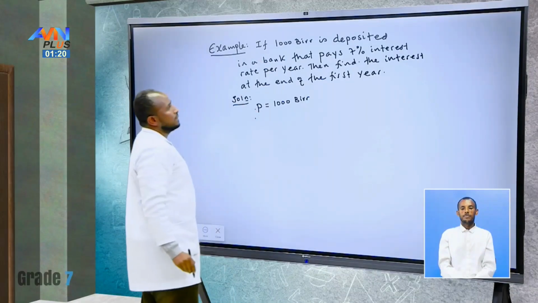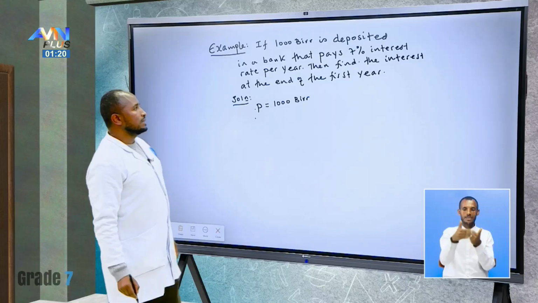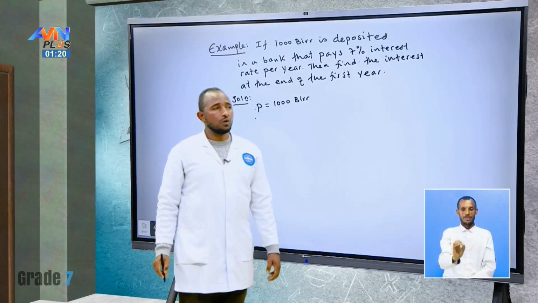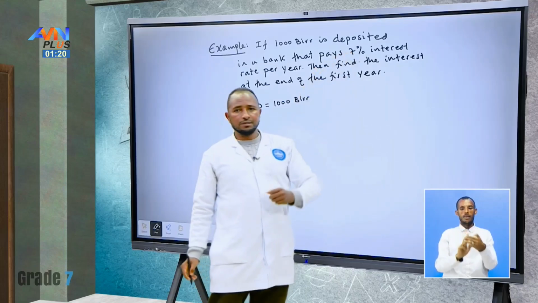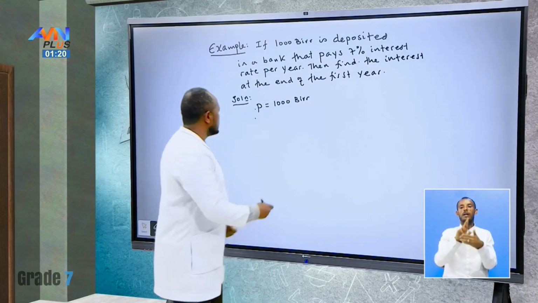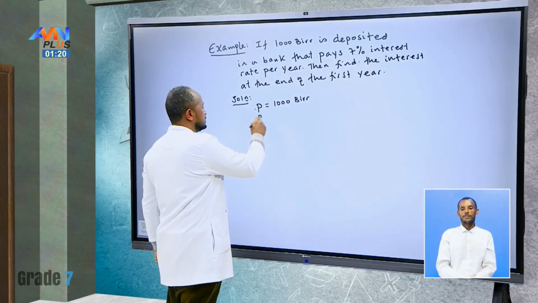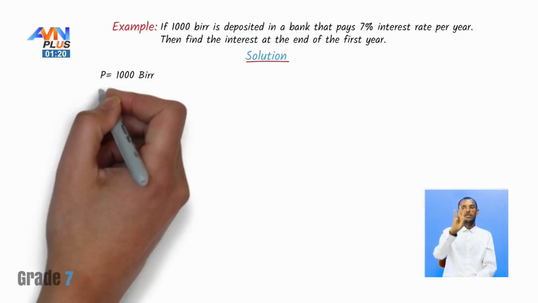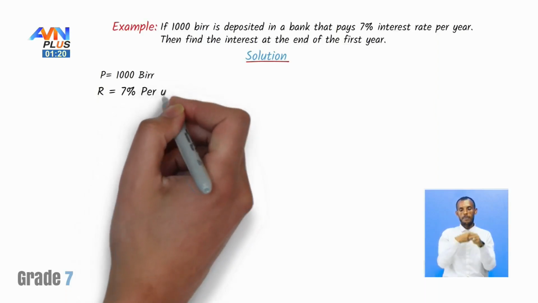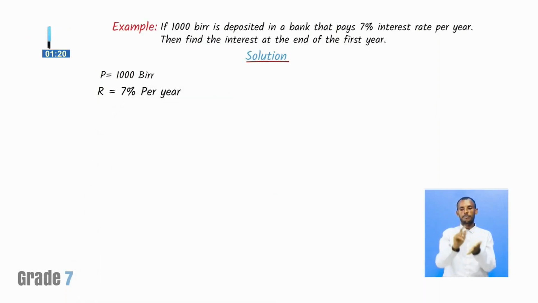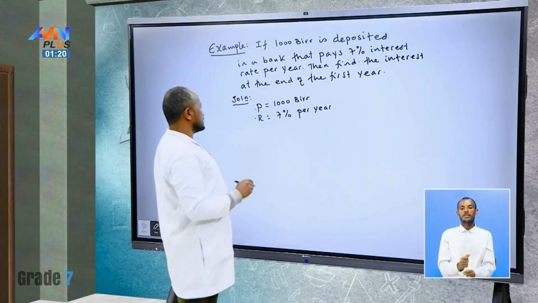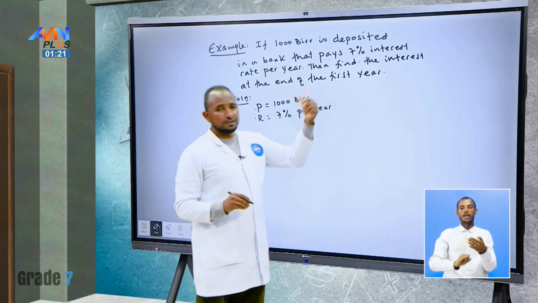Okay, now next is a bank that pays 7% interest rate. What does this 7% refer to? It is the interest rate. So the interest rate here is 7% per year. Then find the interest at the end of the first year.